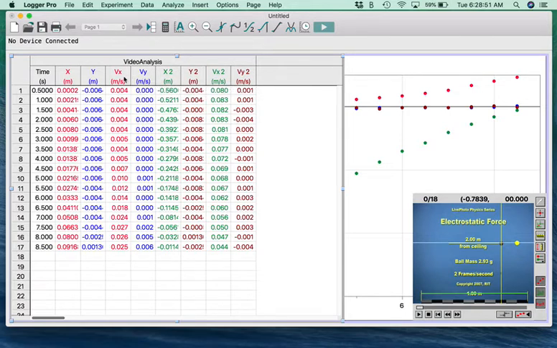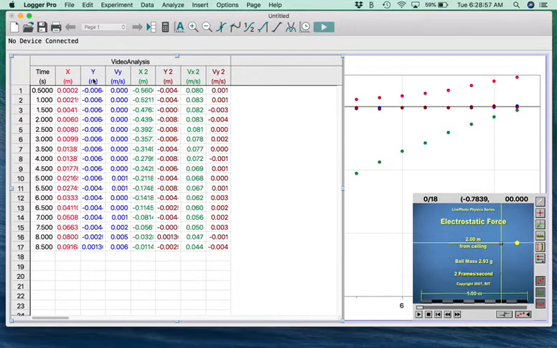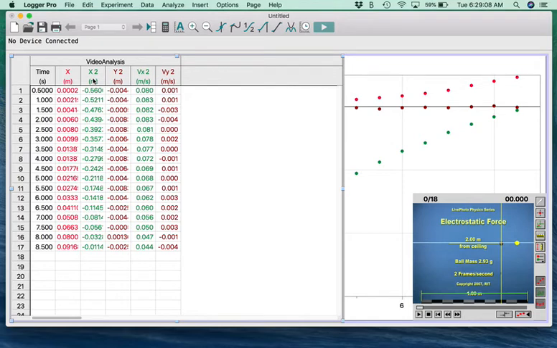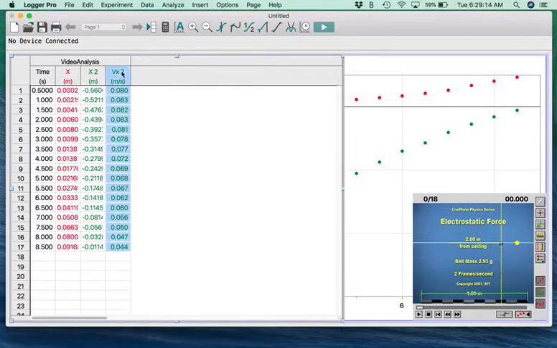It doesn't hurt anything. But I'm going to get rid of the X column by highlighting it and then hitting delete. If I get rid of the Y positions, which we also don't need, since we only care about the horizontal position of these spheres, then that is going to get rid of both Y and VY, since VY is calculated off of whatever Y is. And I'm going to get rid of VX.